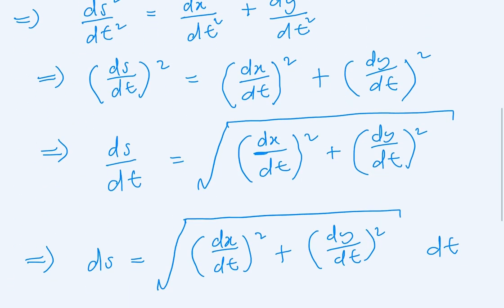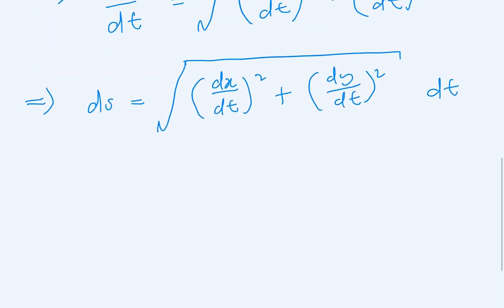All right. So therefore, in order to calculate the total arc length of our curve C, we have to integrate ds over the whole range of the parameter t. Okay, so let's do that.